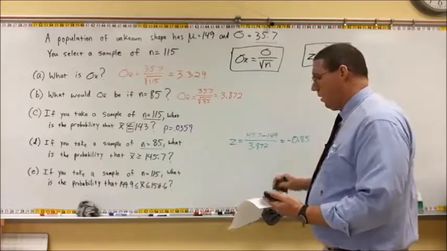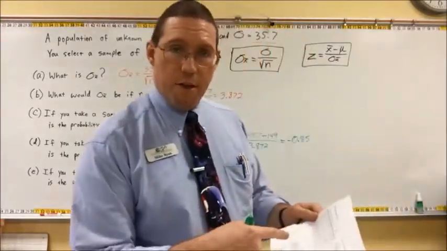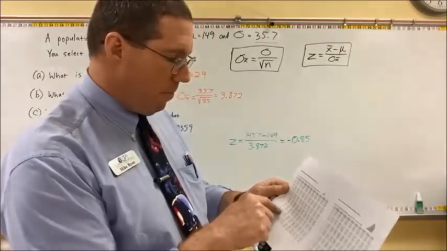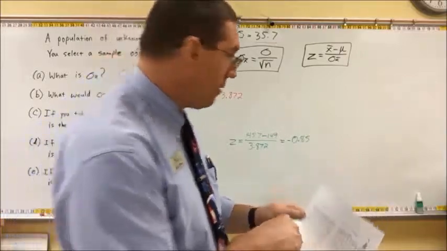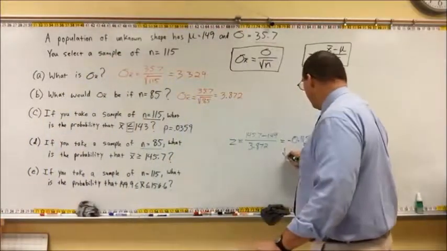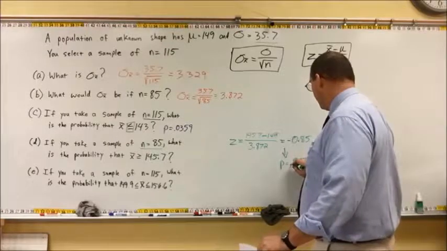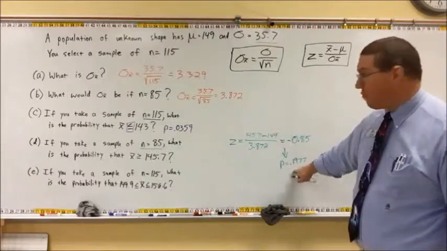Now we're going to take that negative 0.85 and go into the z-score table, and we find negative 0.85, which gives us 0.1977. So this leads to a p-value of 0.1977. Now, this question is asking greater than.